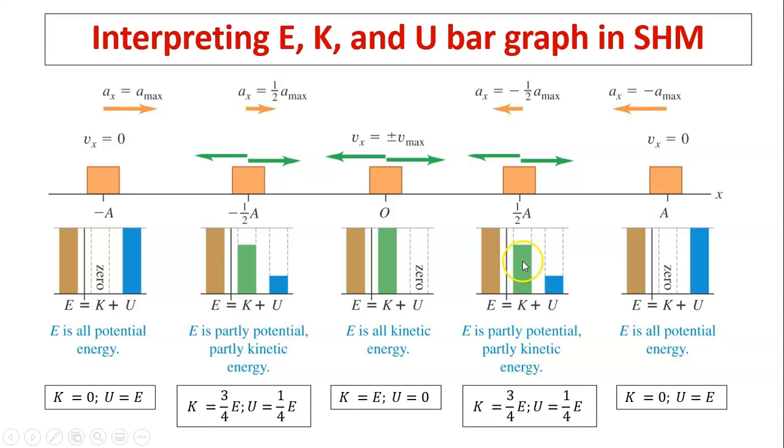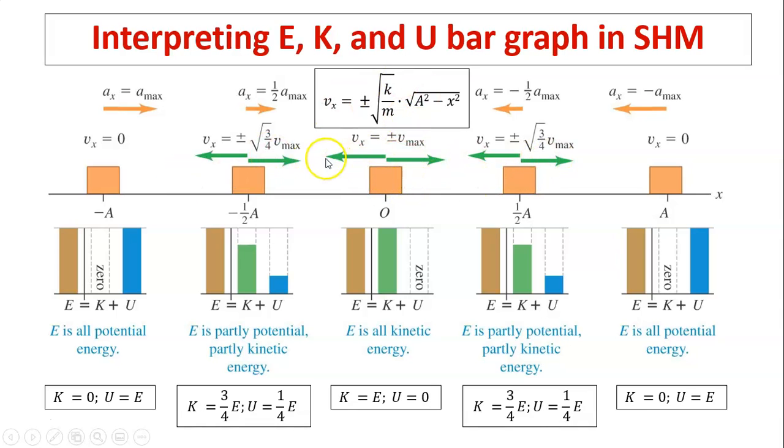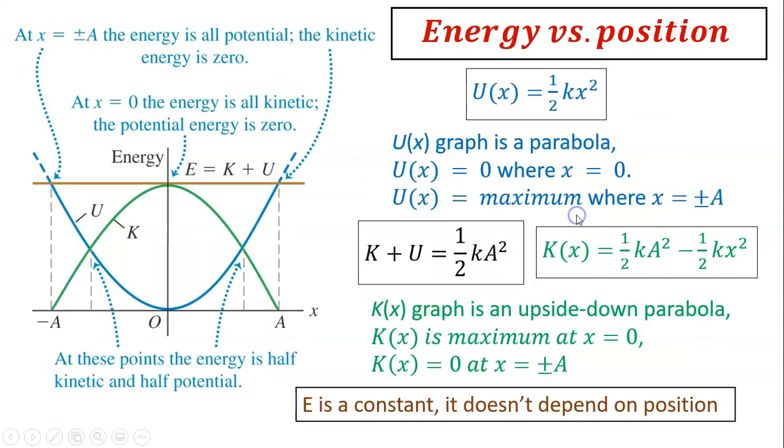You have more kinetic energy than potential energy. How much more? You have 3 times more kinetic energy than potential energy at the half point. How about velocity? We can find velocity if we are given x. Using this equation, we can find velocity at these 2 points, negative 1/2 A and positive 1/2 A.